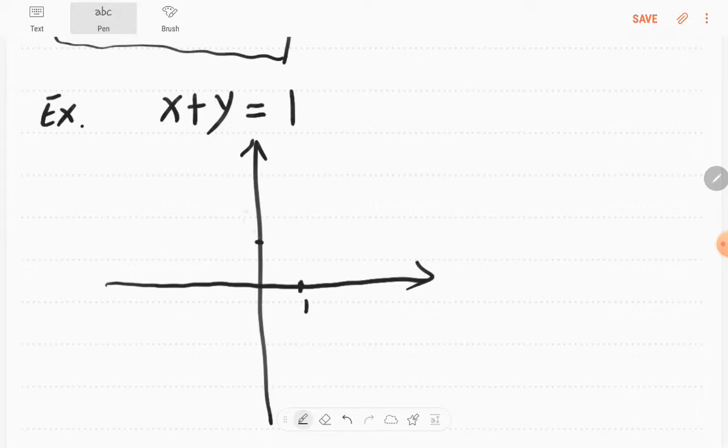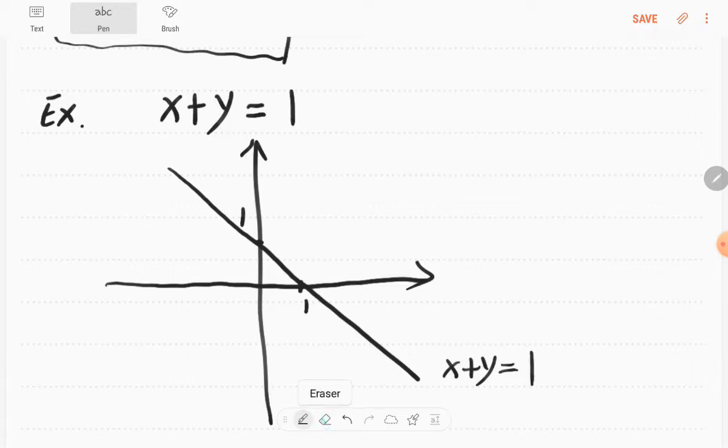So 1 here. It goes through these 2 points, so we can connect these 2 points and draw a straight line. All the points (x, y) on the line satisfy x plus y equals 1. So this is x plus y equals 1.